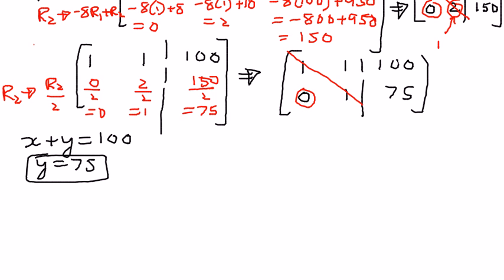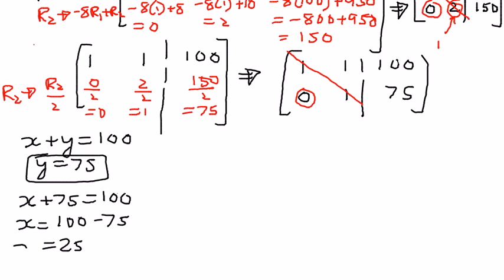If we back substitute the value of y into the first equation, we can get the value of x: x plus 75 is equal to 100. Therefore x equals 100 minus 75, which is equal to 25. The value of x equals 25.